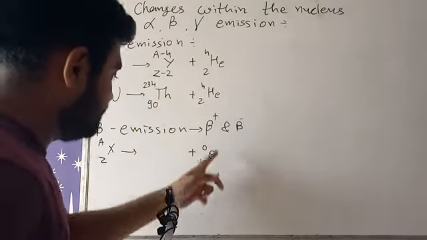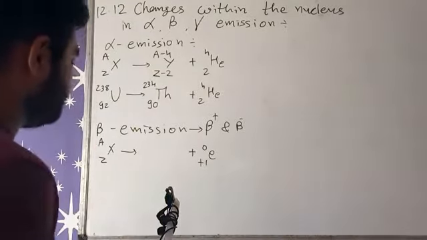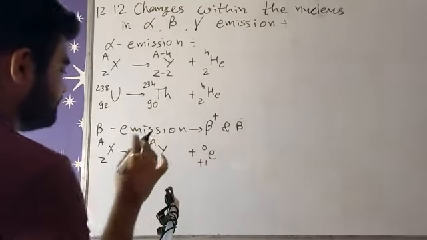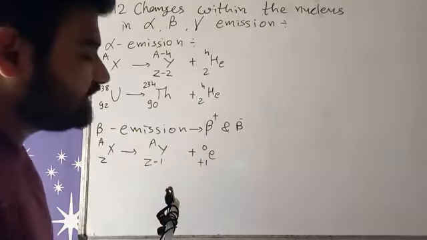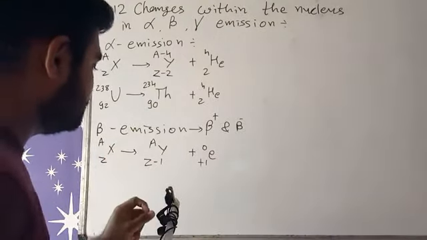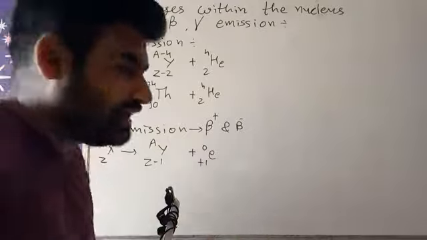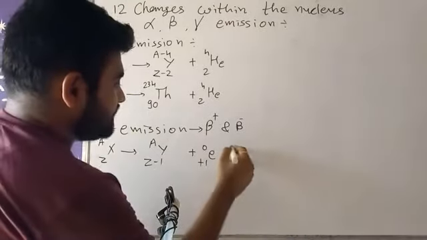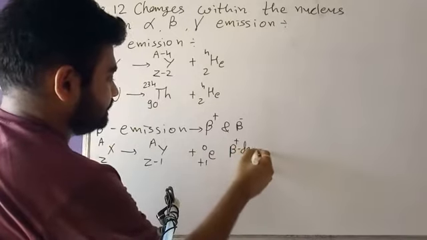So a positron is produced, and we are left with Z minus 1 Y A. Here no change occurs in atomic mass, but the atomic number is decreased by 1. So this is called beta plus decay.